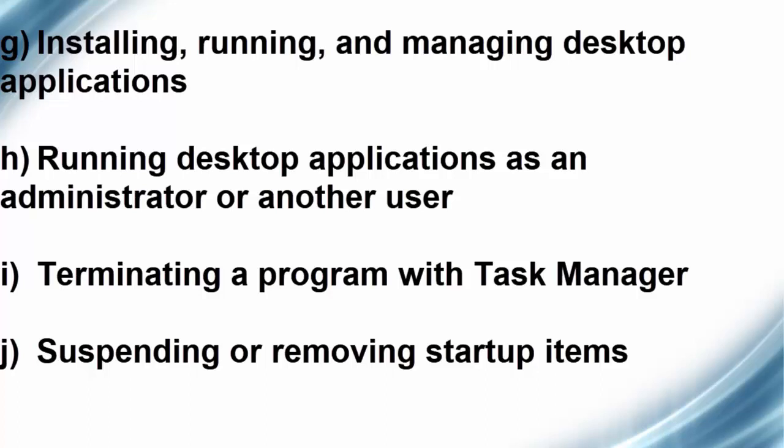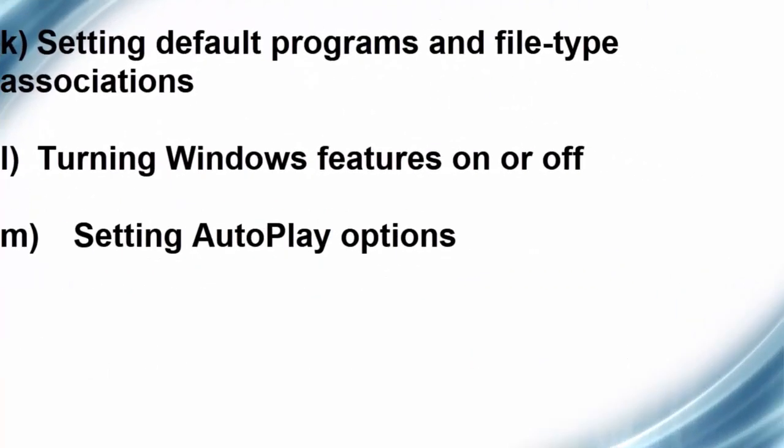How can we allow an app to start with our device, or how can we remove this app from the start menu? We're also going to be setting our default programs and file type association, and then I'll be discussing how to set autoplay options in Windows 11. So this is a lot of information we're going to be discussing about modern apps in Windows 11.